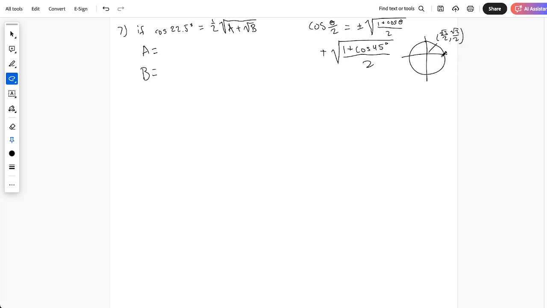And the cosine is the x coordinate, so right there. So I'm just going to get rid of all that, because it's distracting. That's okay though. And so we can plug that in here. So the square root of 1 plus square root of 2 over 2, and all of that is over 2.